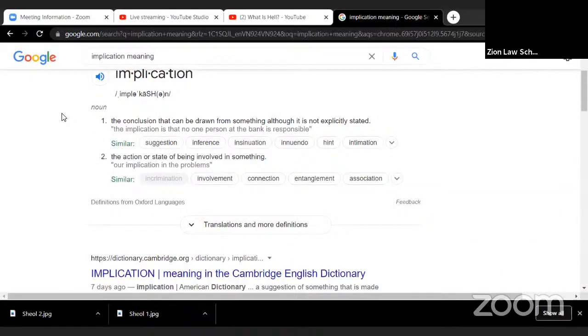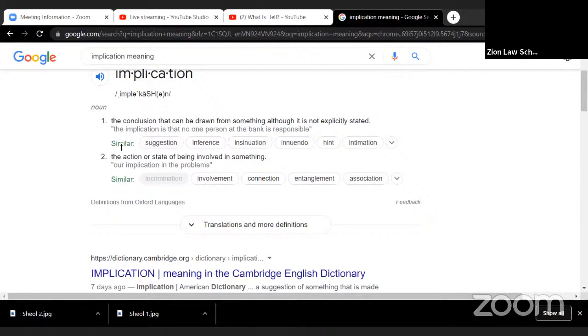Okay, implication. So let's begin. A primitive root, to inquire, by implication, to request. So what is the precise meaning of implication? The conclusion that can be drawn from something, although it is not explicitly stated.